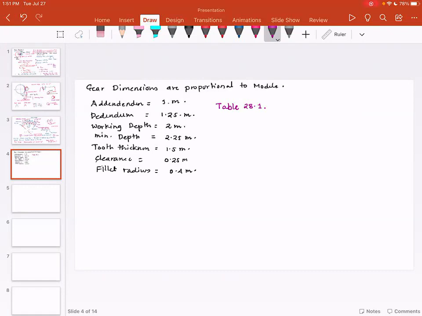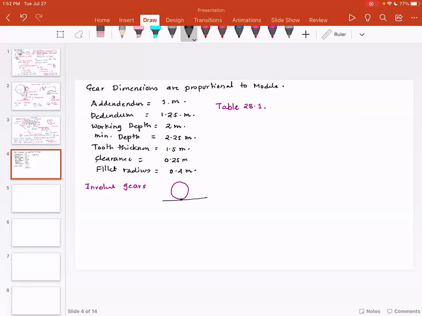Involute gears are made using an involute profile, and the involute profile is rolling a line on a circle, which means for a certain number of teeth, interference may be possible.